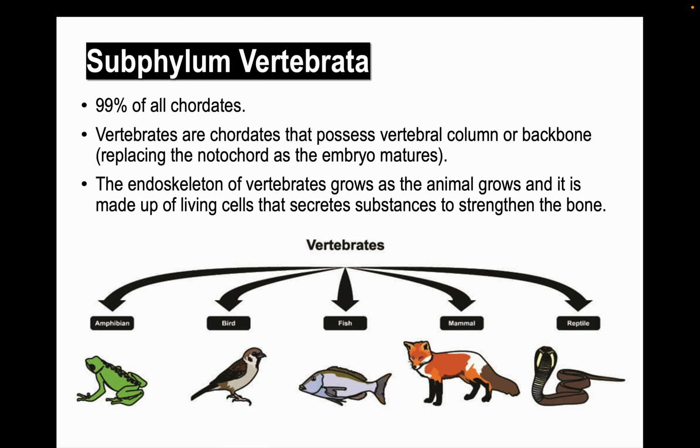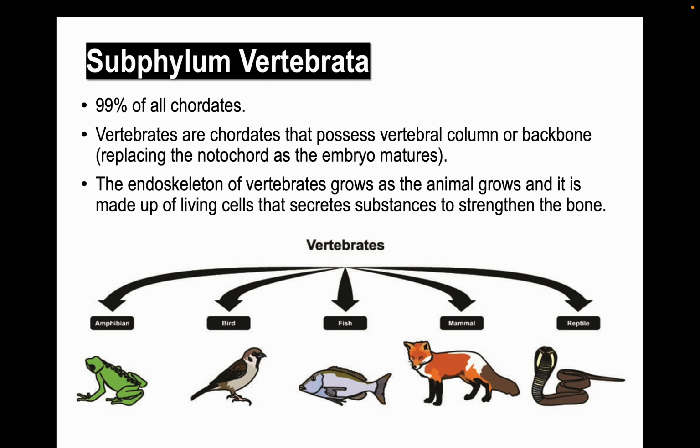Okay. Then we have, of course, the highlight of our lecture for Module 12, the subphylum Vertebrata, comprising 99%, the majority of all chordates. Vertebrates possess the key character, the vertebral column or the backbone, which is a replacement of the notochord as the embryo matures into an adult form.